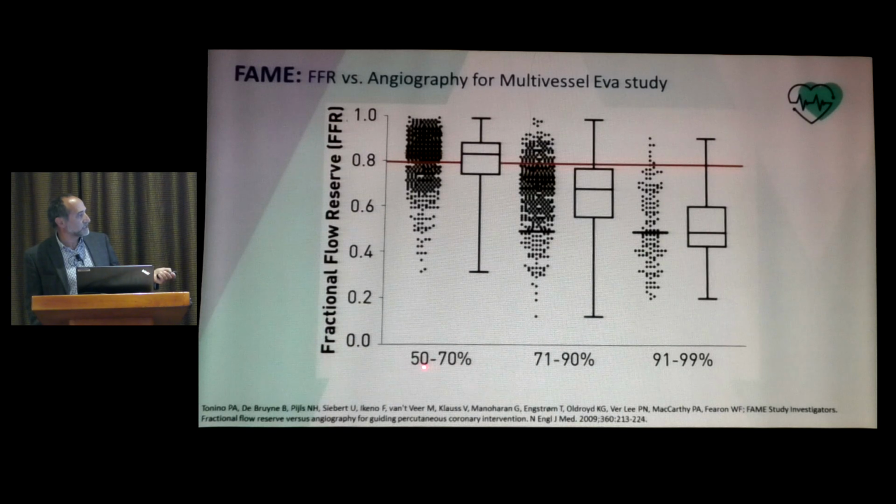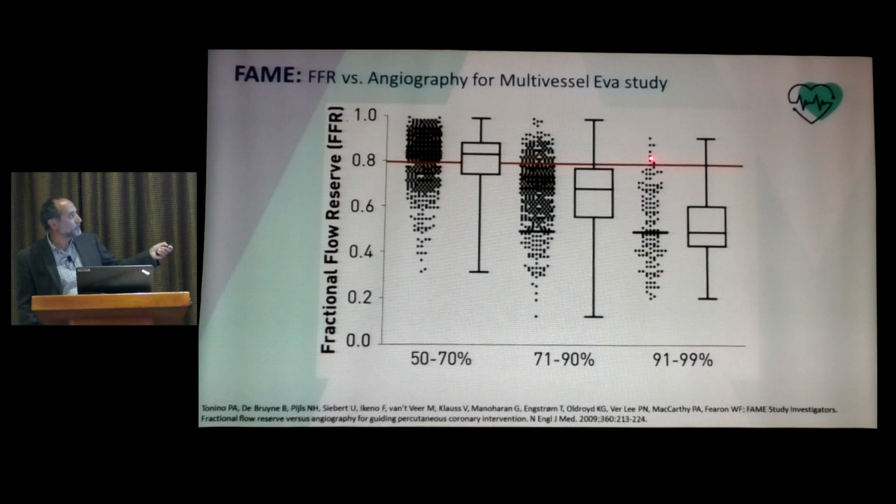And again, this is just to show you why we need to assess these patients. If you look at lesions that are assessed at between 50 and 70% by coronary angiography, look at this lesion. When FFR is done, most of these patients, I agree, will have normal FFR, so they don't need intervention. But there's a substantial number of these patients that have FFR less than 0.8 who need intervention. There is no way that you can separate these patients from these patients just by looking at an angiogram. Again, if you look at patients with stenosis of over 90%, 91 to 99%, most of these patients have FFR of less than 0.8 and need to be intervened.